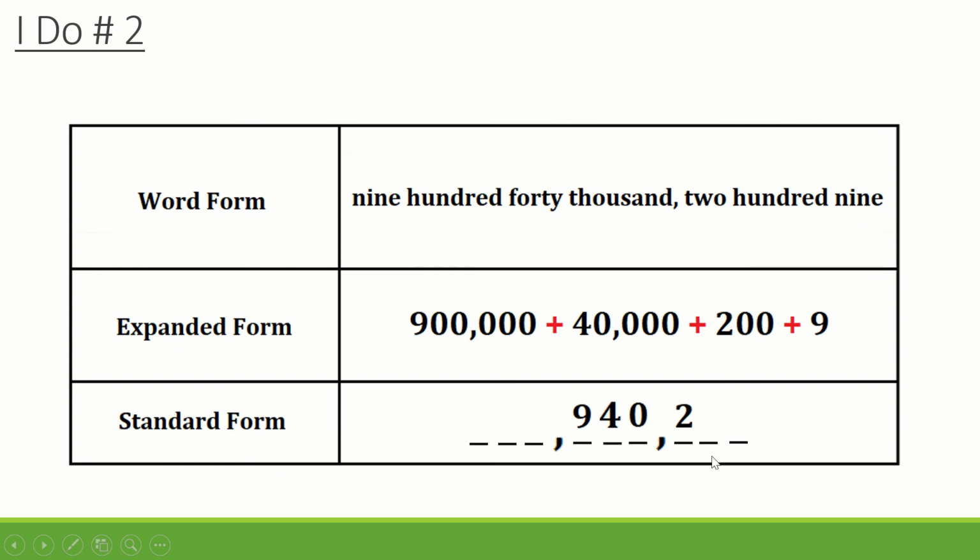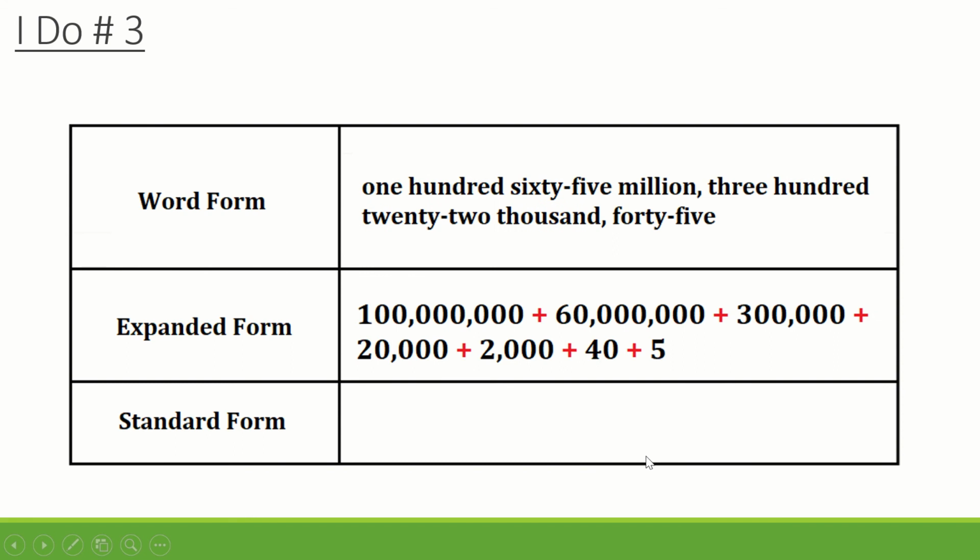So in this tens place, since I do not have a digit of value, we can see here again, 200 plus 9, there's no tens, so I'm going to put a 0 here. And then I'm going to finish off with a 9. And I do not need any of these blanks here, so I could erase them or just cross them out, as well as that comma, since we don't have a digit of value in the millions period.